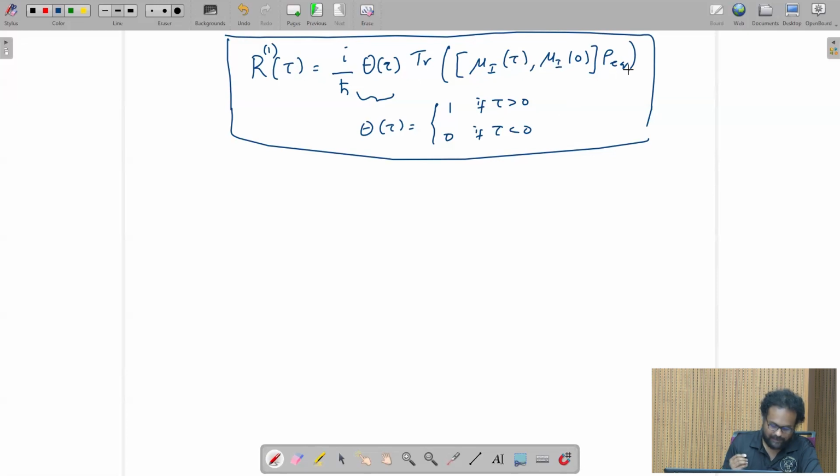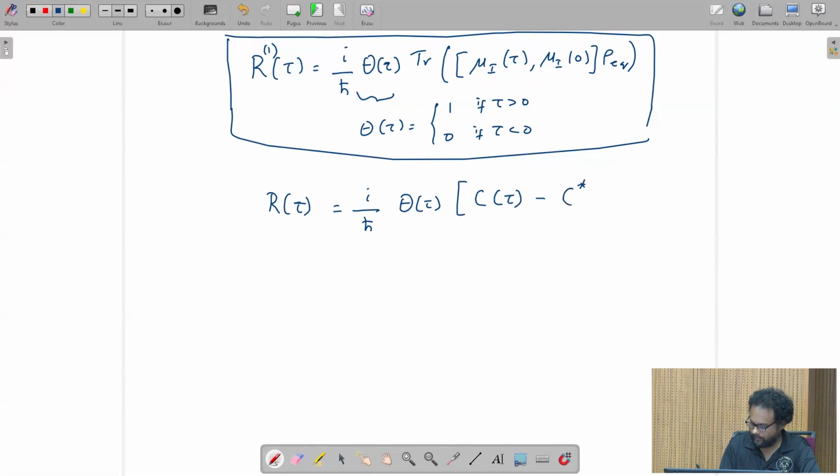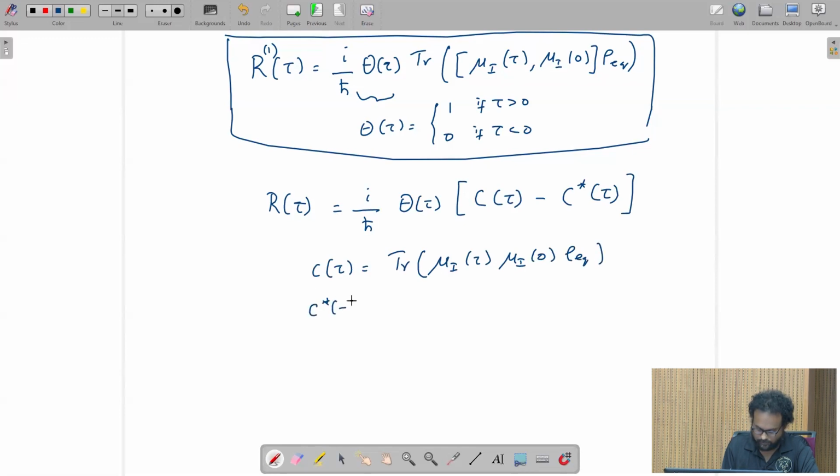I'm not going to show this, but I can rewrite my response function, and you can check this yourself, as I over h cross theta of tau multiplied by two functions, C of tau and its complex conjugate C star of tau, where C of tau is the trace of mu I of tau mu I of 0 times the density matrix, and C star is of course the complex conjugate.